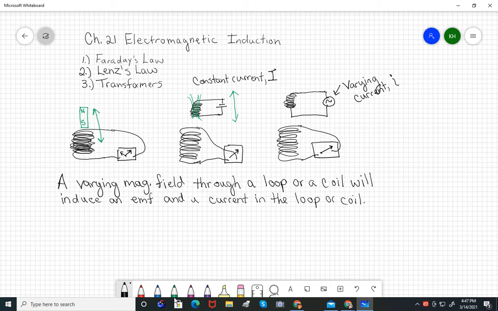So that's the key to generating electricity. You have to have a varying magnetic field inside a continuous loop or a coil that forms a continuous loop of wire.